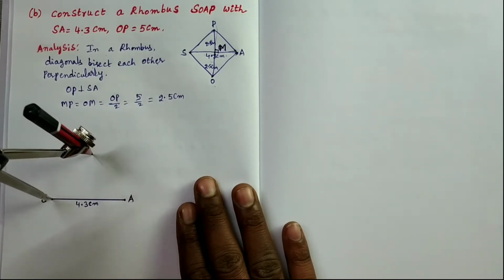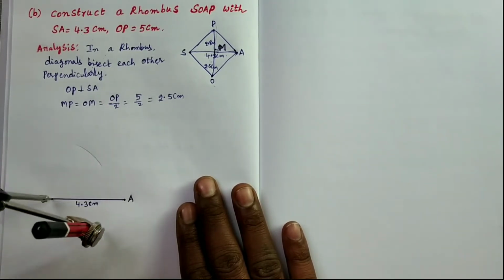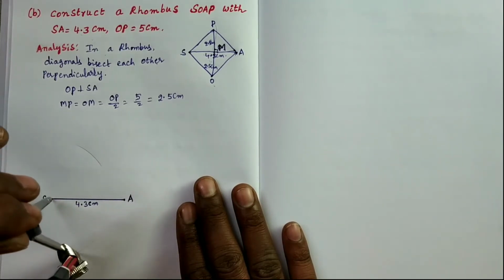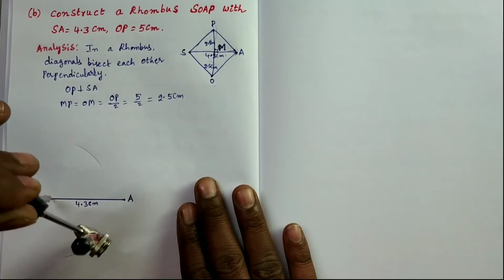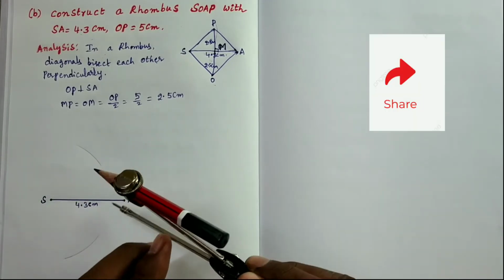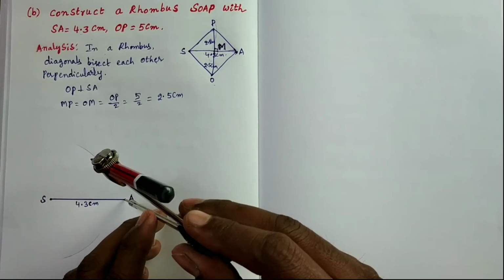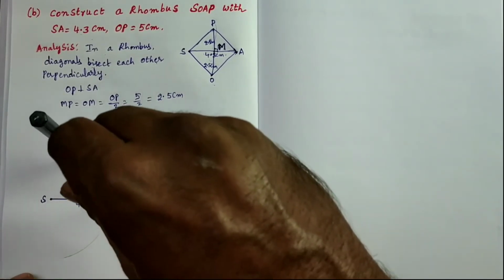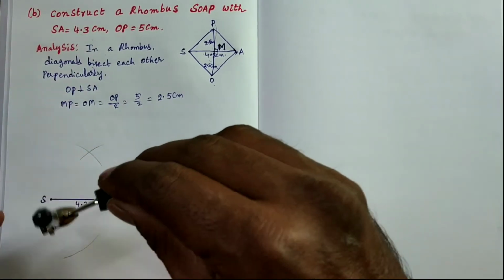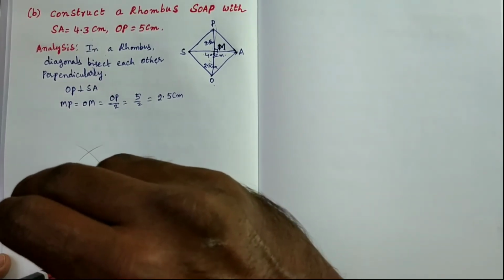Draw an arc above the line segment SA and the same below the line segment SA. With this same measurement, take A as center. Draw an arc above the line segment SA and another arc below the line segment SA.